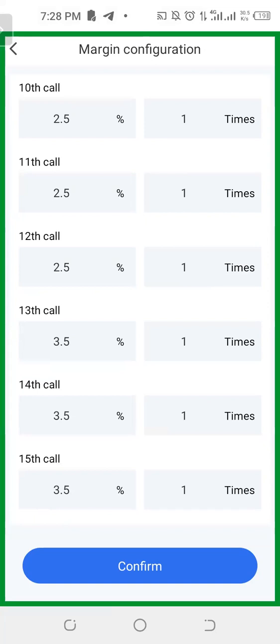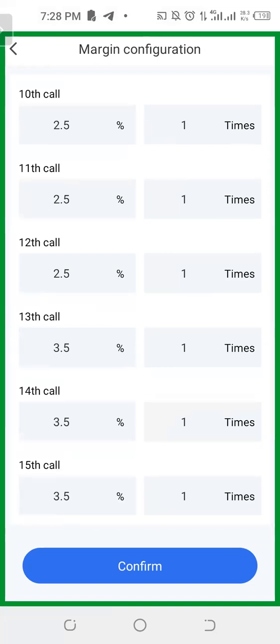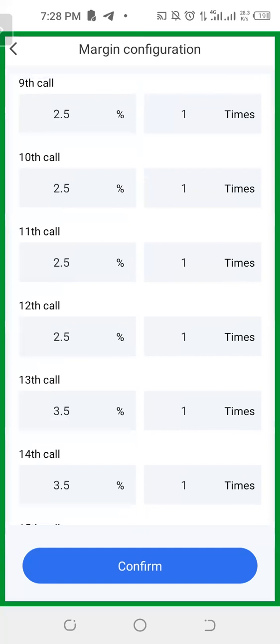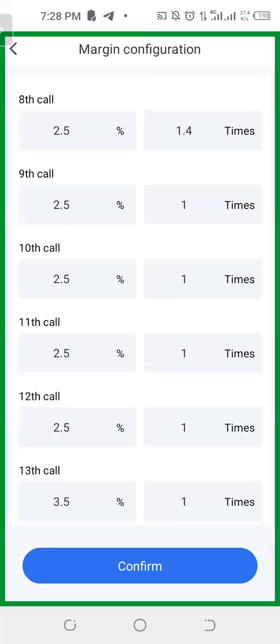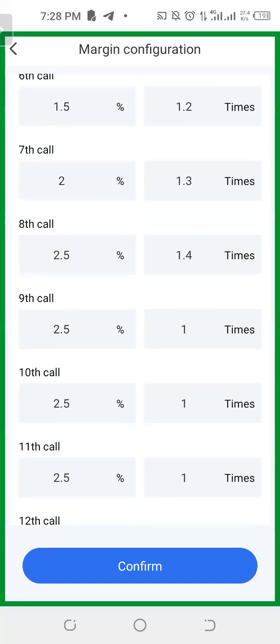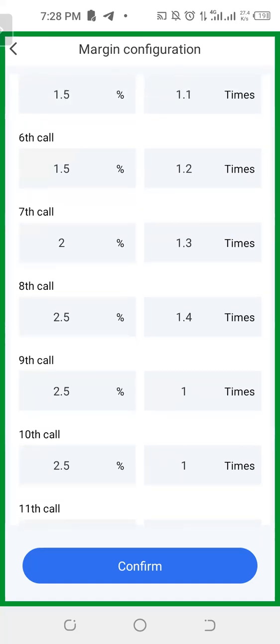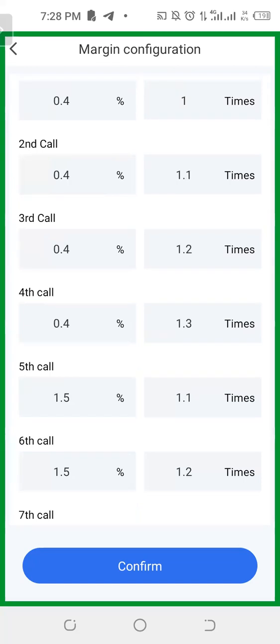For it to reach this 15 core, it means that coin has really gone down. If I add 3.5 plus 3.5, that's 7, 7 plus 6, 13, 13 plus 5, 18, 18 plus 5, that's 23, then 25, 28.